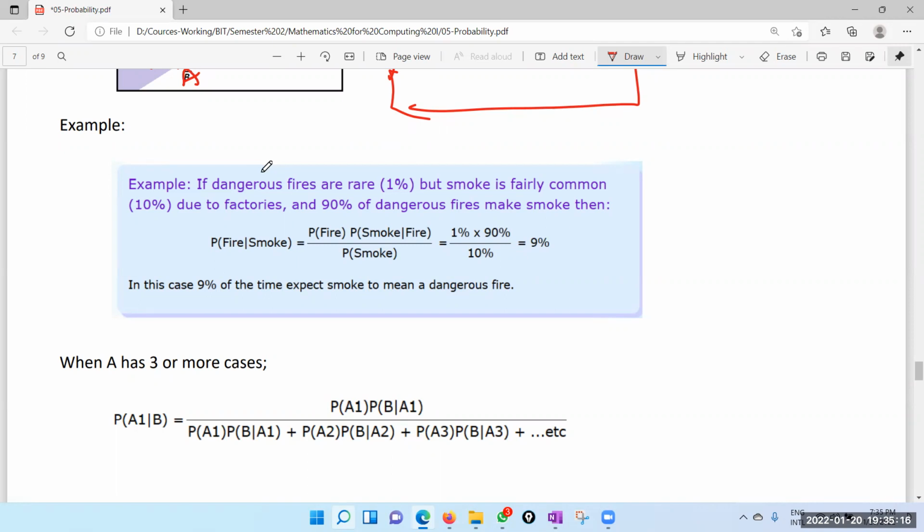Then, if there is smoke, what is the probability of fire happening? At this moment, if smoke is seen, what is the probability that there is a fire? Smoke is there now. Right. How do we do a question like this? It needs some practice.